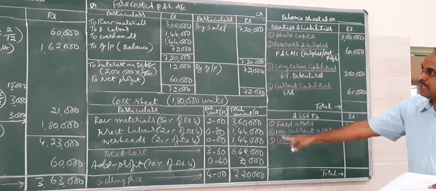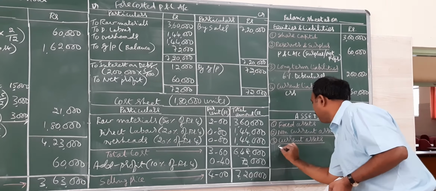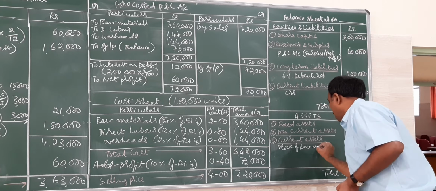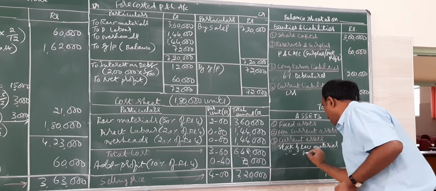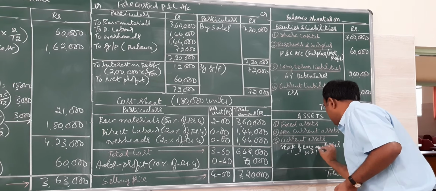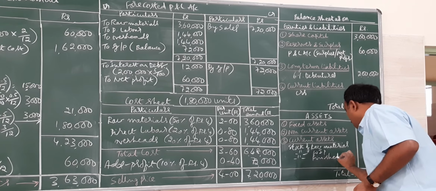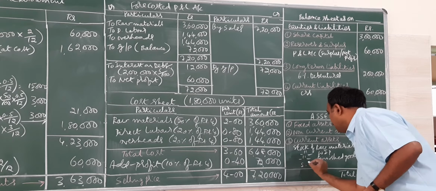Then coming to the current assets, we have many. So all the stocks we have to take: stock of raw materials, stock of work in progress, stock of finished goods. Then we have sundry debtors.